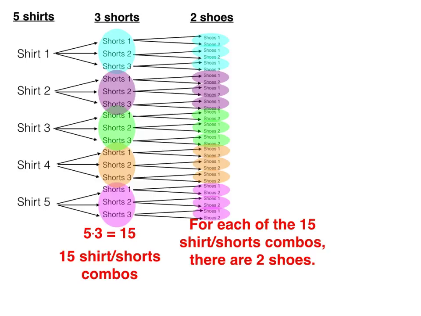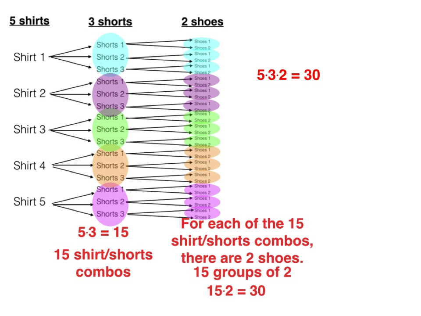Another way of looking at it, here we have 15 groups of 2. That 15 came from the 15 shirt-shorts combos, and we have 15 groups of 2, or 15 times 2 is 30. So essentially what we did was 5 times 3, which was our 15, that came from the shirt-shorts combos, and then we multiplied that by 2, because there were 2 pairs of shoes for each of those 15 shirt-shorts combos, to give us 30.